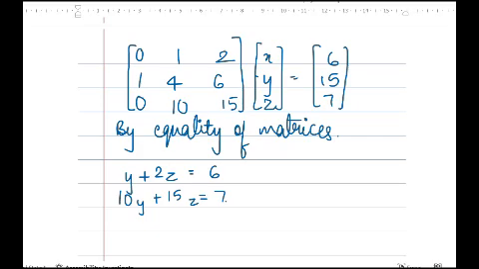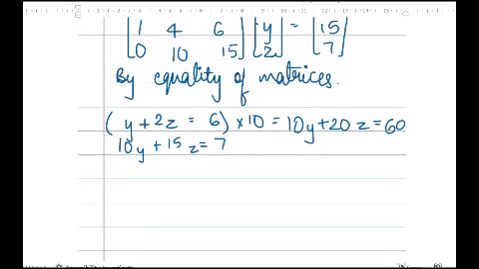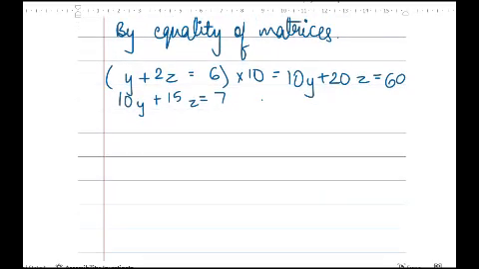Alright, now we can easily find the values of y and z over here. How will we do that? We'll multiply this by 10. So if I multiply this by 10, what will I get? I will get 10y plus 20z is equal to 60. Now what we'll do is we'll subtract. Okay, so we have 10y plus 20z is equal to 60.